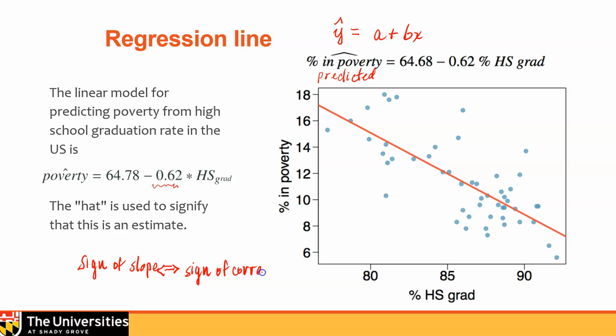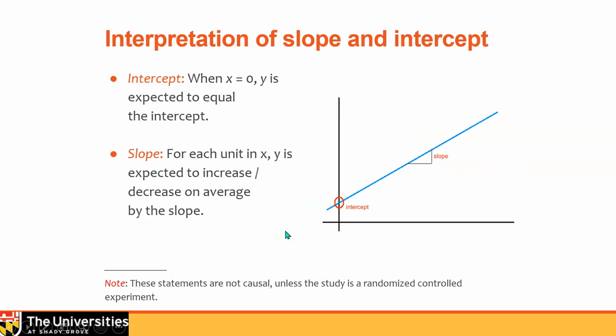Okay, so we've got a predicted value that is represented by the line itself. So everything along the red line is a predicted value of y. It's a y hat. And we have our observed values, which are the actual data points.